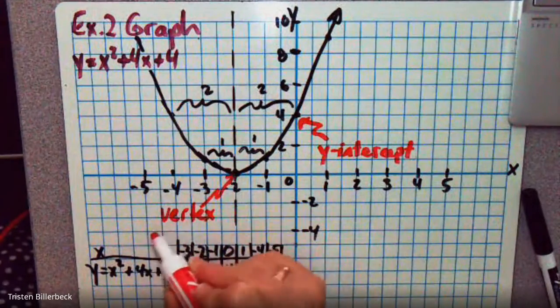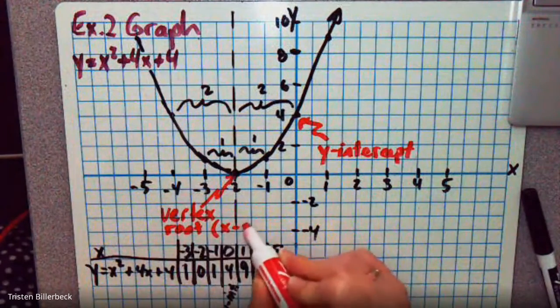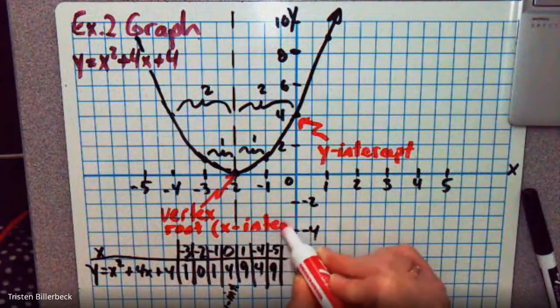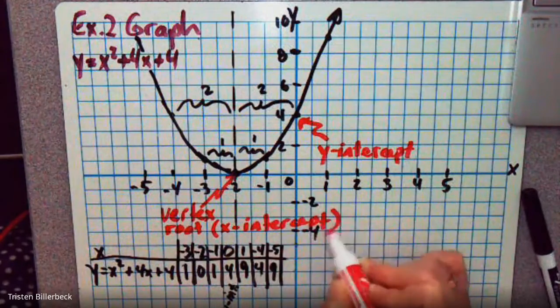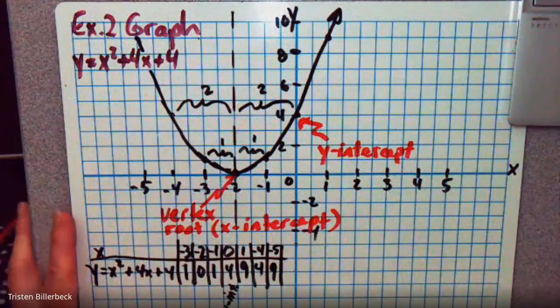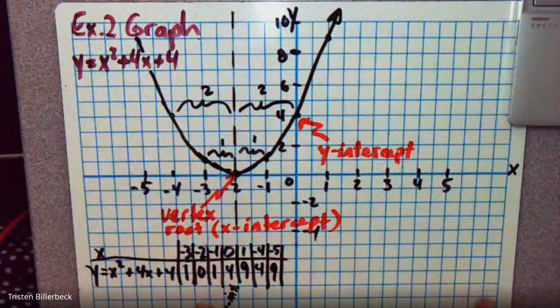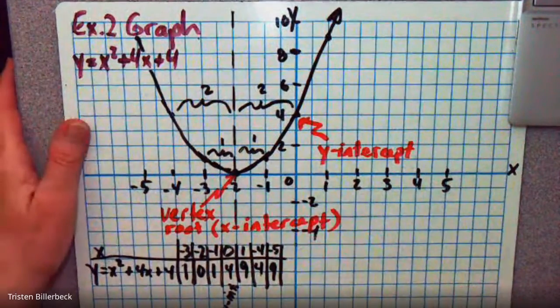So this is also the root, or x-intercept, and there's only one. Isn't that interesting? Before we had 2 roots, this time we have 1 root. Okay, so that's how we would graph this using plugging in the data, looking for a repeat, which would indicate where the line of symmetry is going to happen, and then we draw from there.